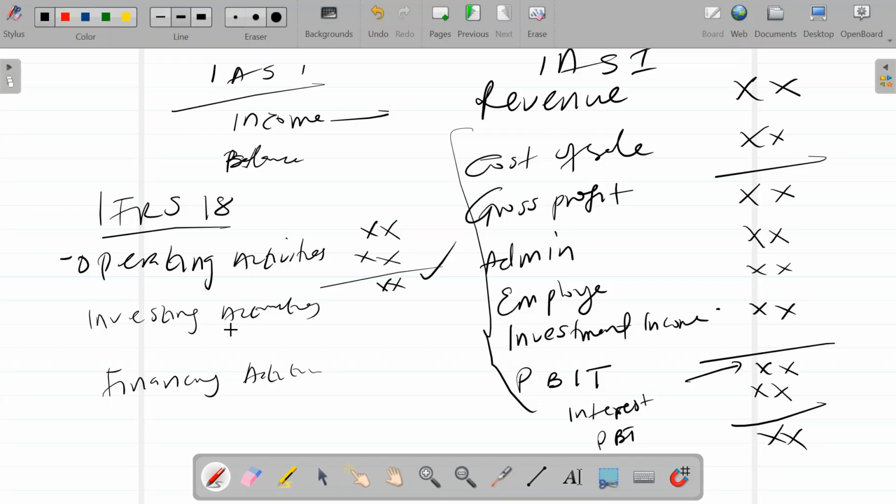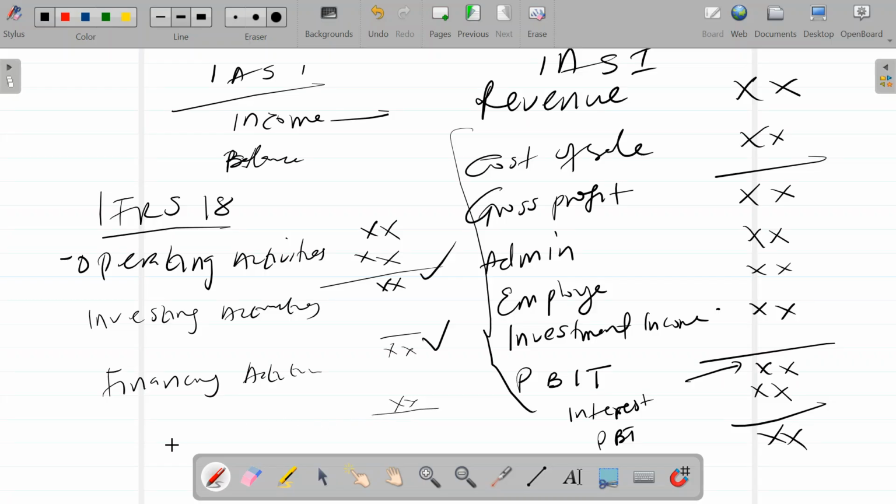Then we come to investing. If they have investment income or any investment expenses, you also put them here, so the investor will know this is the investment income. Then financing activities. If there are any loans they paid, any interest on loans and all that, they also bring them here.